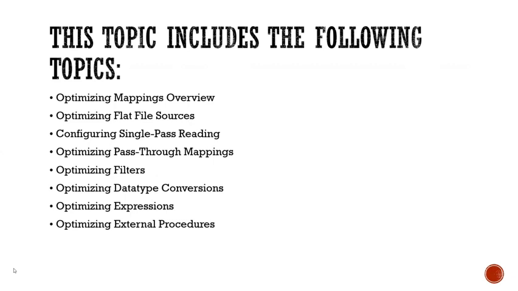Okay. So from now on, we'll cross-check that part as well, so that you can optimize your expressions as well. The next point will be optimizing the external procedure, right? Suppose you have already written some procedures, and you have called that procedure inside your mapping, and maybe that procedure takes a huge time to process any record, correct?